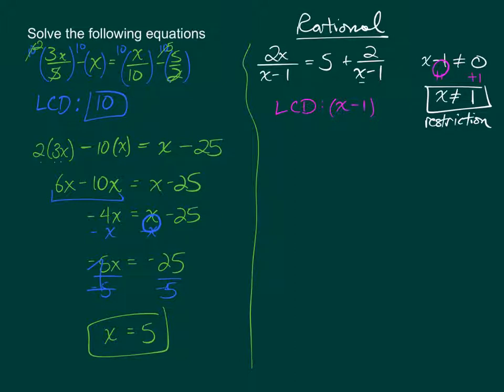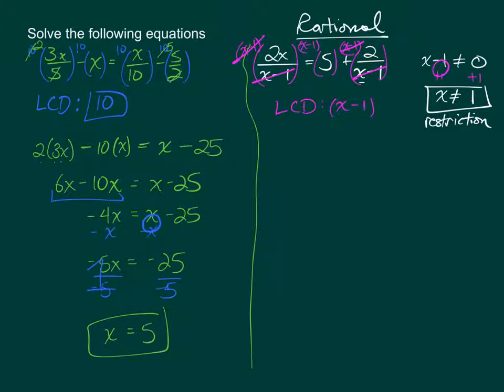All right, now that we have the LCD and the restriction, let's go through and multiply everything by x minus 1. Multiply this times x minus 1. Multiply this times x minus 1. The x minus 1's cancel, the x minus 1's cancel, which is nice. And what's left here, there's nothing for this x minus 1 to cancel. There's no over x minus 1 on this 5.